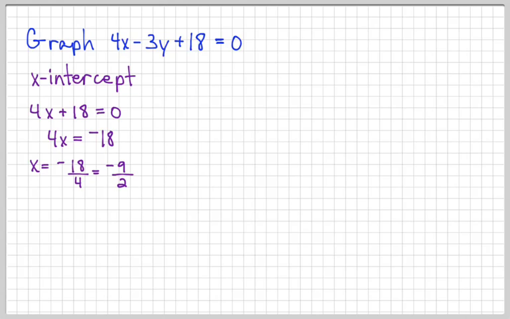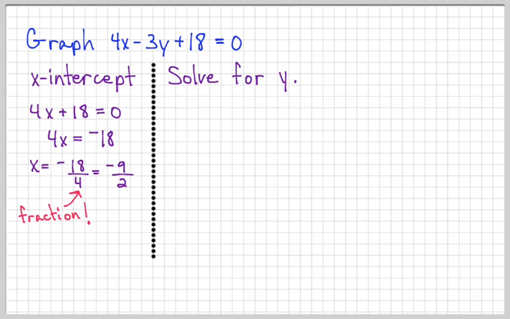Now, if I had to graph this, negative 9 over 2 is equal to negative 4.5. But usually, before I even start this problem, I would say, oh look, my x-intercept is not going to be a whole number, so let me solve for y instead.